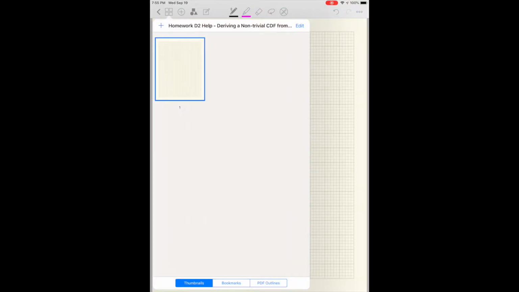All right, so let's think about a PDF that looks like this. f of x is equal to 0 for x less than or equal to -5.